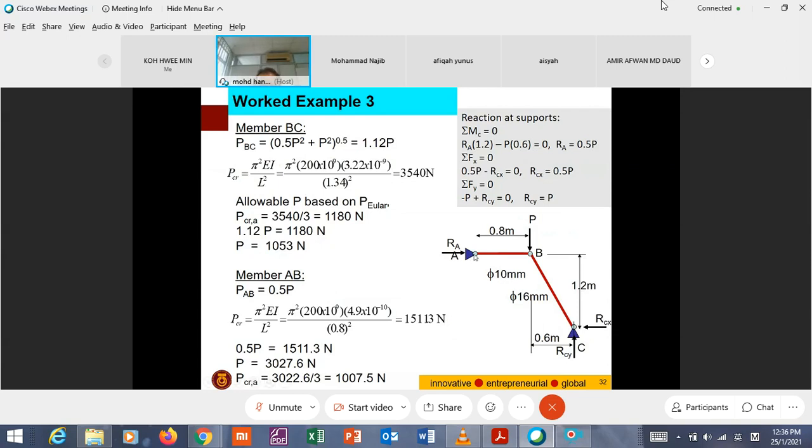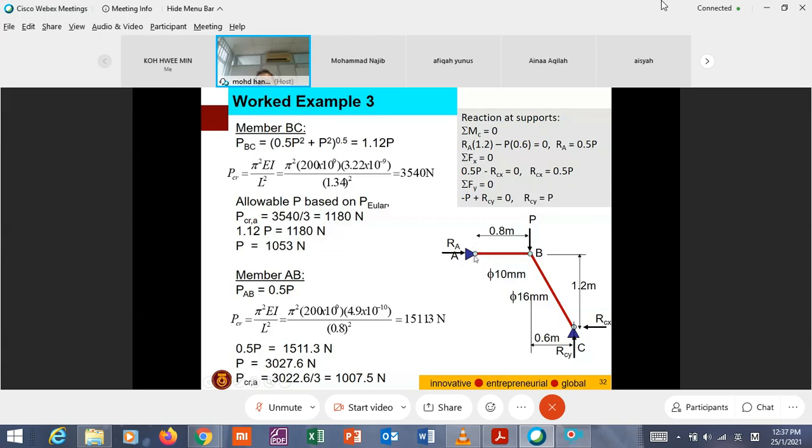I said just now that we have reaction here. In general we have reaction here, but in this case, because this member is at right angle to this reaction, there is no rectangular component here.